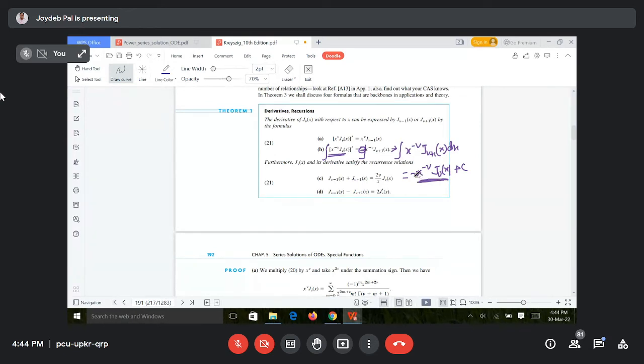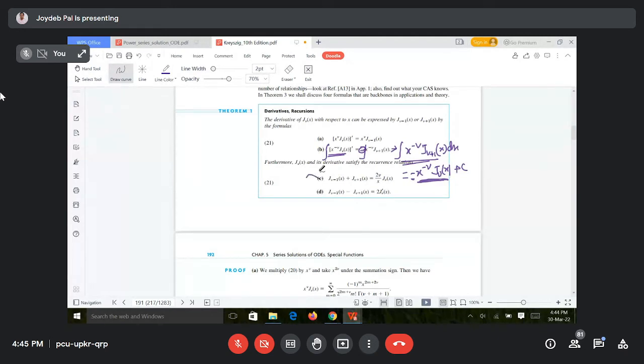So this minus sign I am writing, and it remains in the integration form. So here the formula is integration of x to the power minus nu J nu plus 1 x dx is equal to minus x to the power minus nu J nu x plus c.